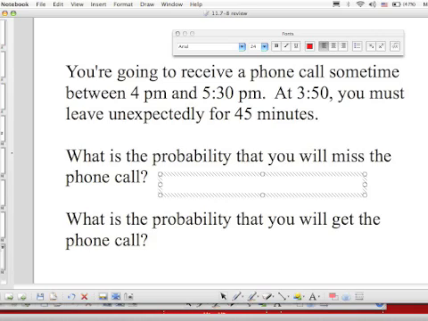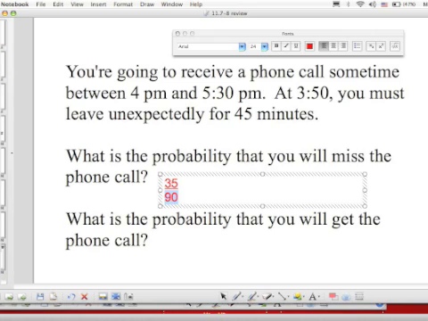If we have to leave at 3:50, that from 3:50 to 4 o'clock doesn't count. So if you're leaving for 45 minutes and 10 minutes doesn't count, then there are 35 minutes that you will not be home. And this needs to be divided by the total number of minutes where someone will be calling. Well, from 4 to 5:30 is 60 plus 30, or 90 minutes.